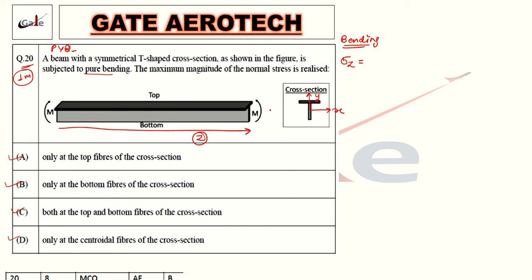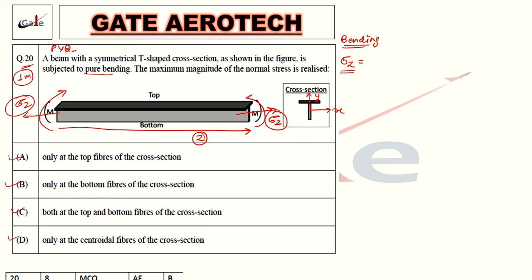The stresses induced when you apply a bending moment are in this direction, which is sigma z. So the bending stress we write as sigma z.